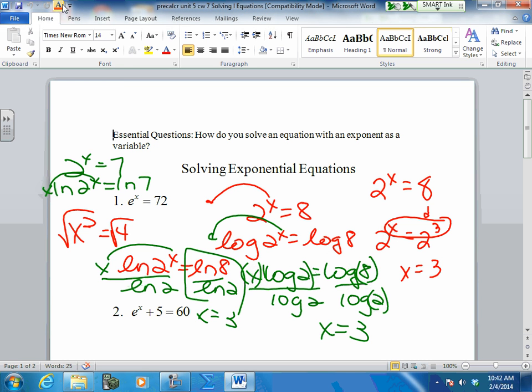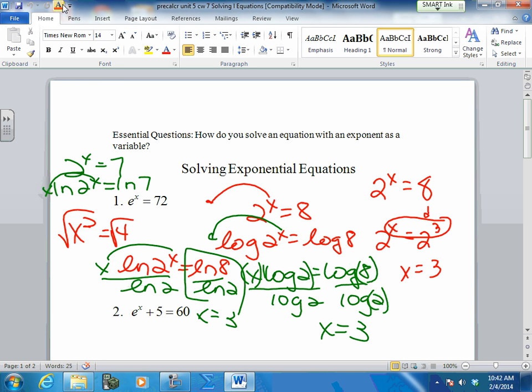Okay? At any point, you can choose an ln over a log. At any point, you can always use an ln. If it's base e, then you cannot use log. You have to say ln. But ln will go for anything. That's why a lot of the college books and the college courses just use ln for everything.